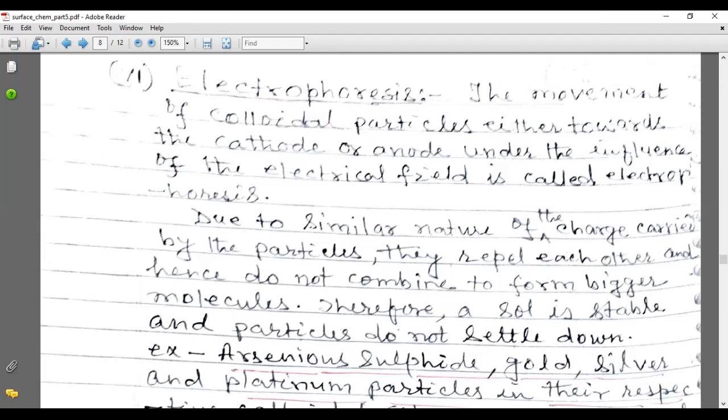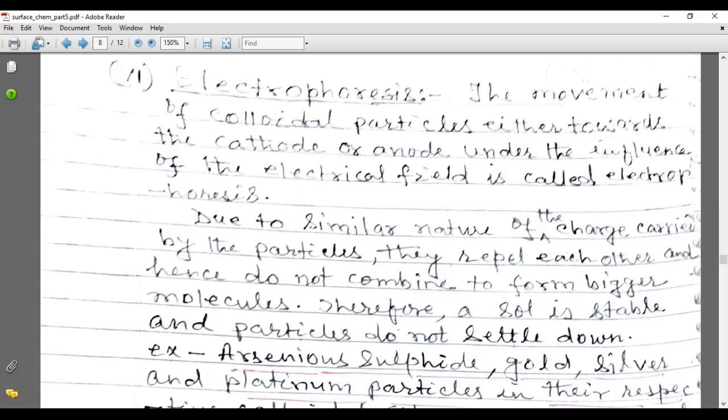Electroosmosis. When the movement of the particles is prevented by some suitable means, it is observed that the dispersion medium begins to move in an electric field. This phenomenon is known as electroosmosis.